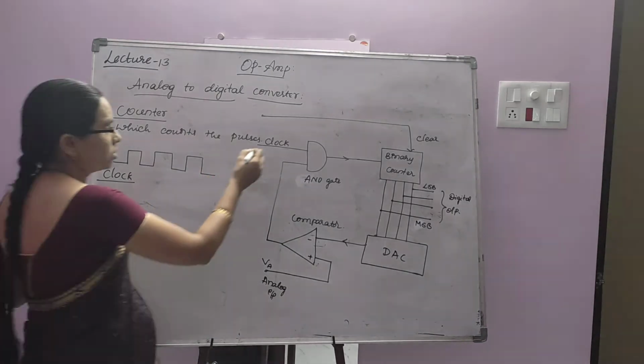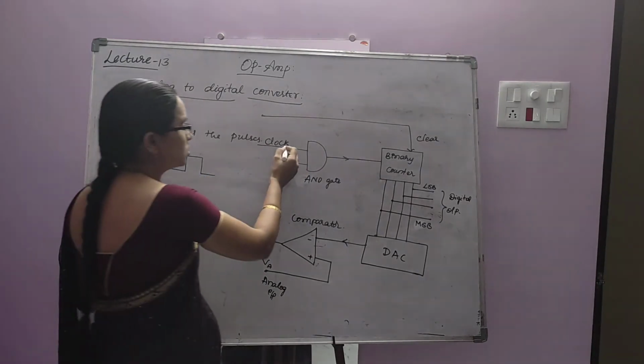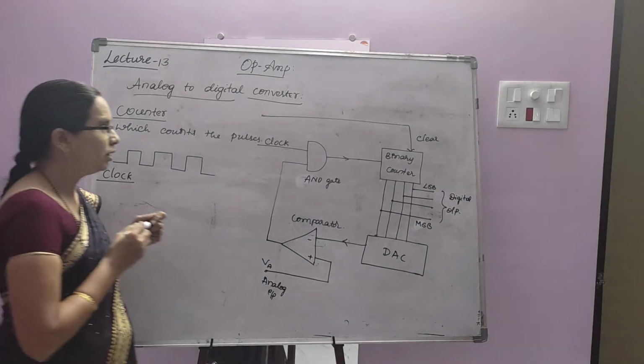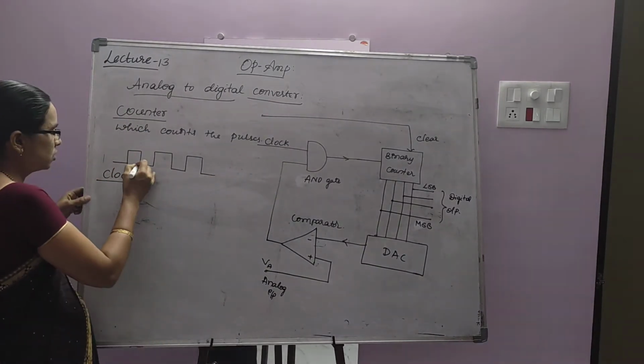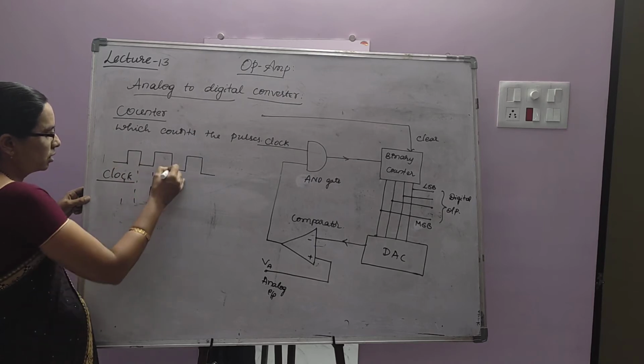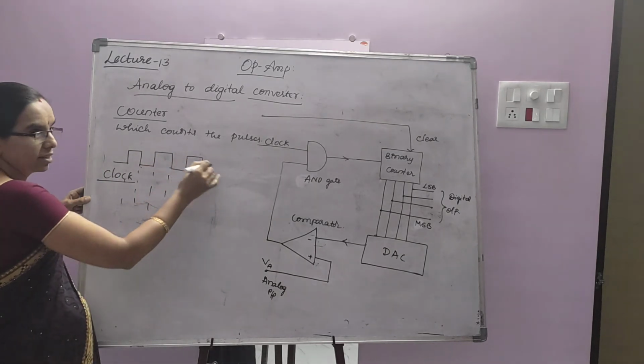So once the clock signal is given, the binary counter counts the clock signal. So how many clocks? See, this is one clock, one signal, 2, 3 like this.